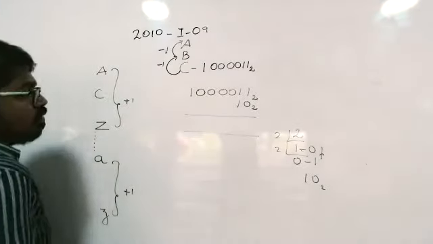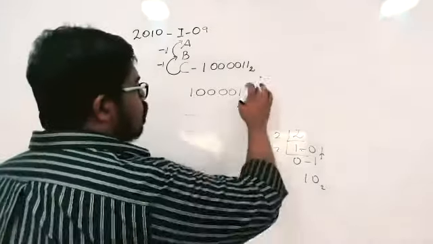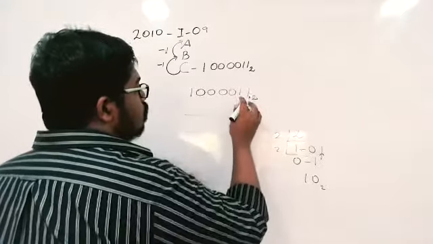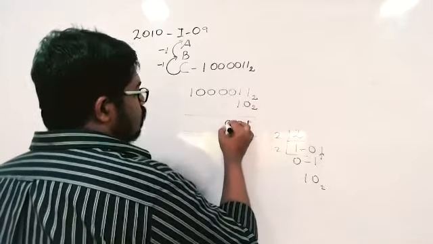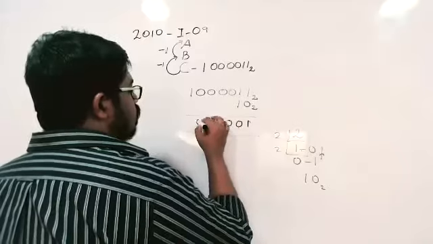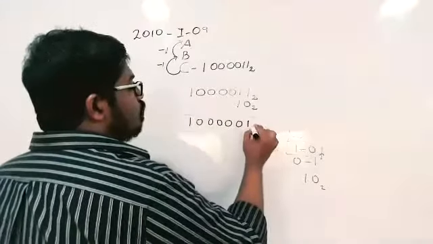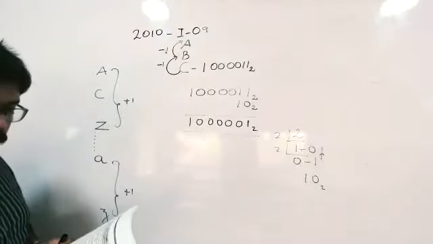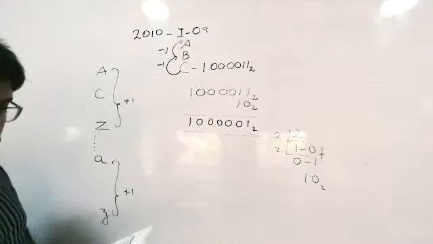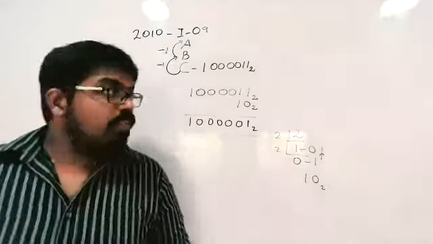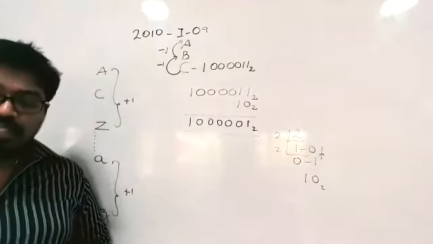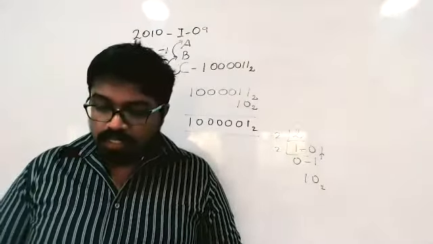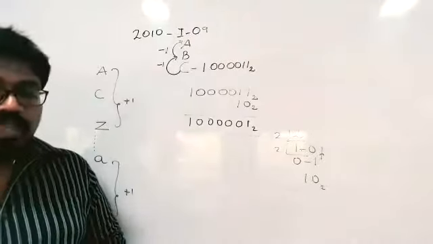So here, binary subtraction: 1 minus 0 is 1, 1 minus 1 is 0, then 0, 0, 0, 0, giving 1000001 base 2. So when you consider the answer options, that is the first answer option. That's the end of 2010 part 1, question number 9.